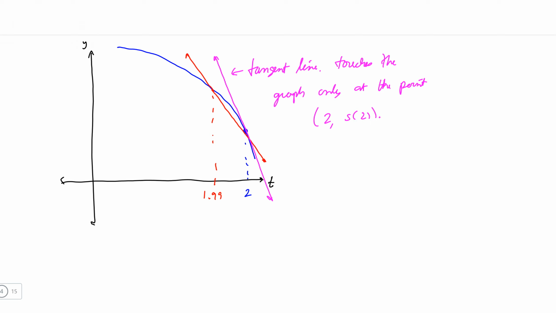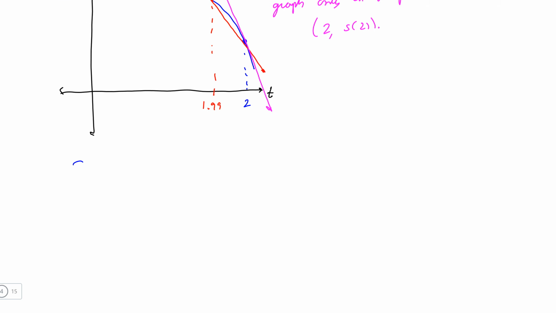So that tells me those secant lines are getting closer and closer to our tangent lines. In this case, as A gets closer to 2, the secant lines get closer to the tangent line.